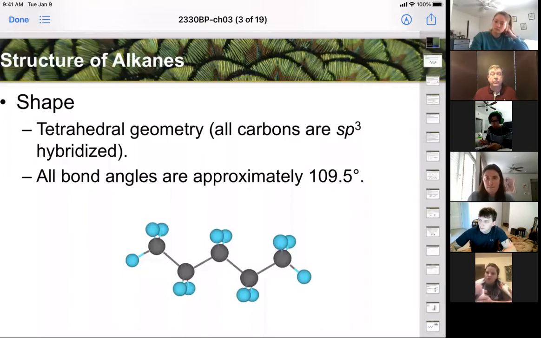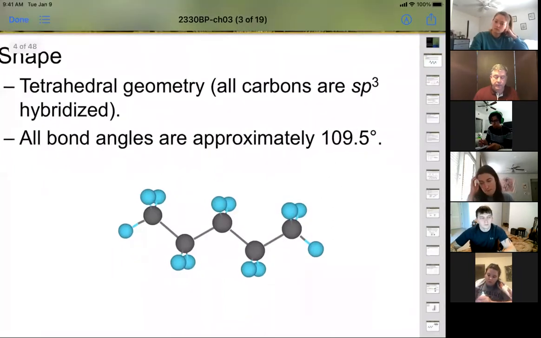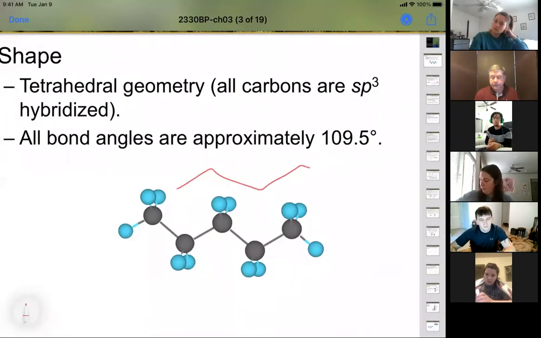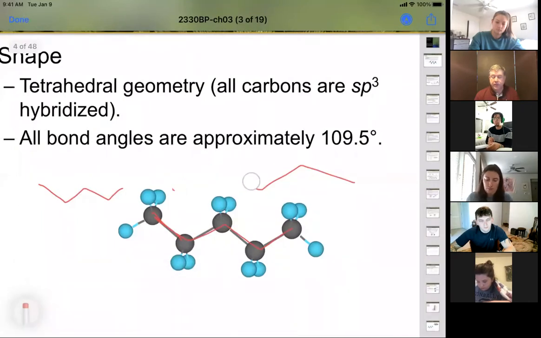Okay. So another thing that we would look at, notice this is drawn like a zigzag here. Remember that when we do these line drawings, each end is a carbon. So our line drawing would look like that, and then we filled in all the hydrogens so that you can see it. So it's just a simple straight chain.